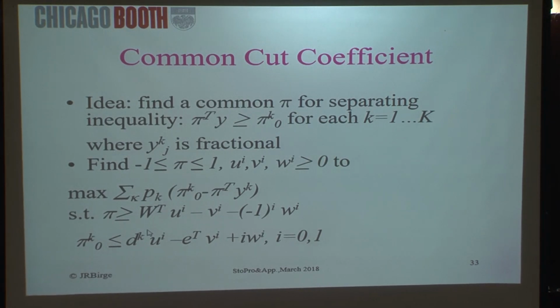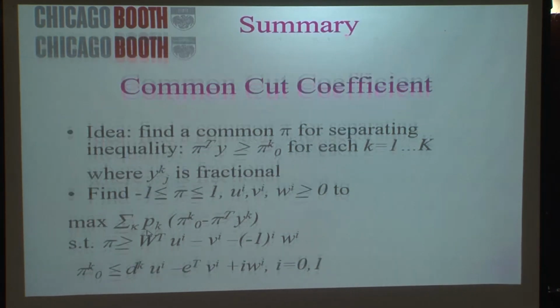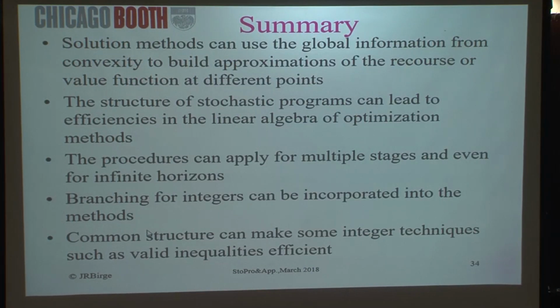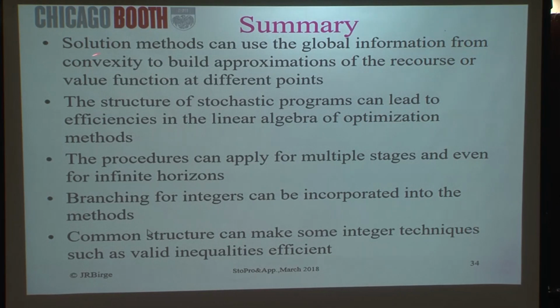Okay, so let's wrap this up. All of these solution methods, everything that I talked about, even with integer programs, what I'm doing is using convexity. So all these methods are based on exploiting convexity.